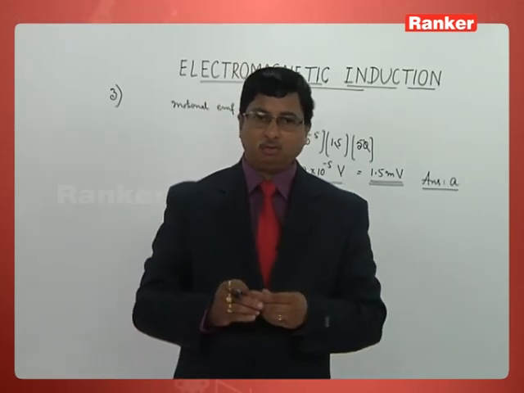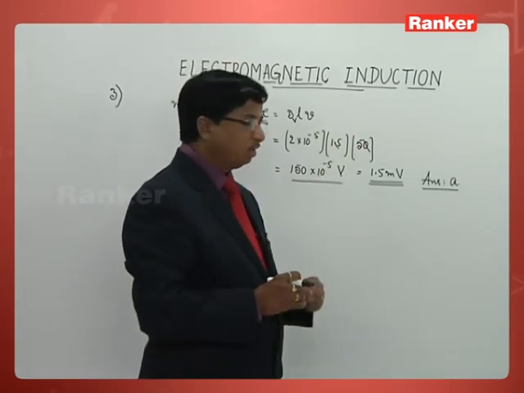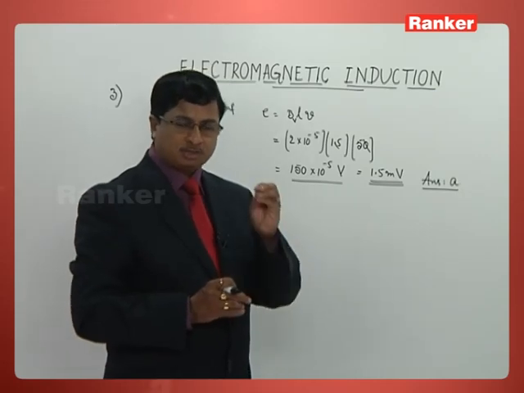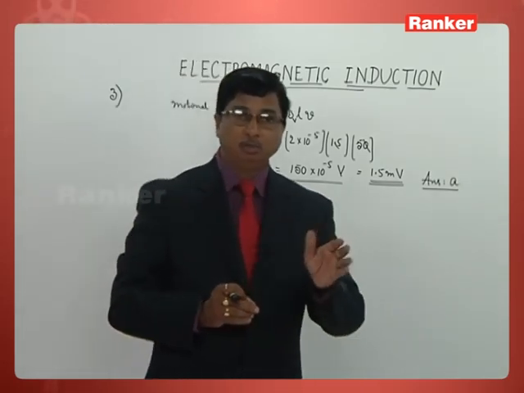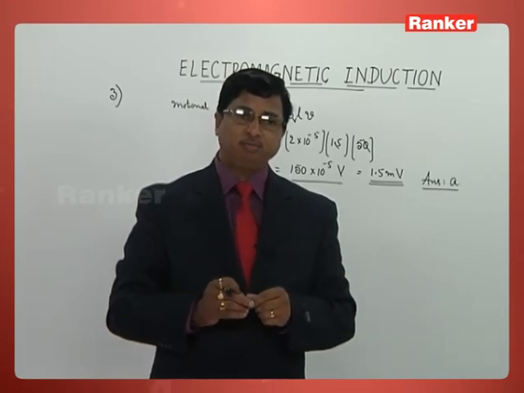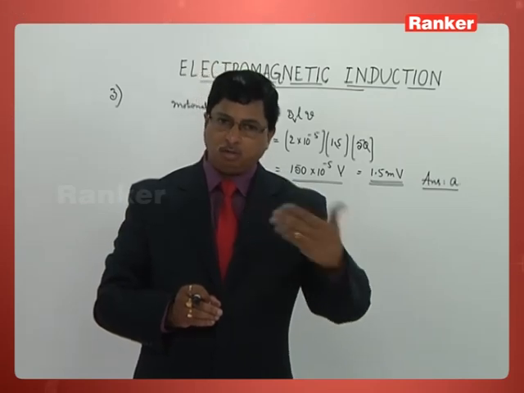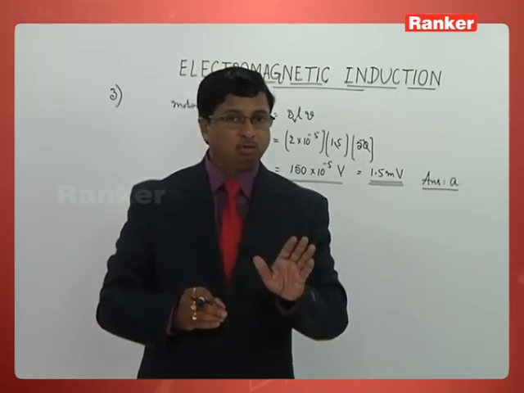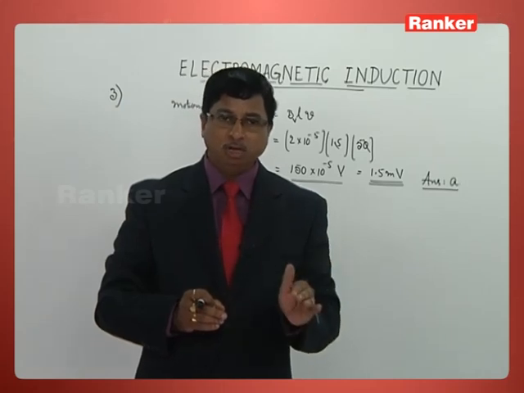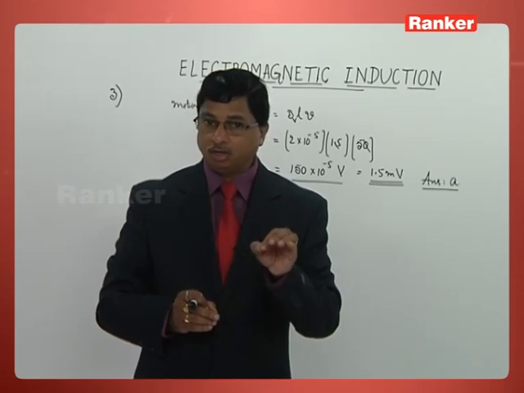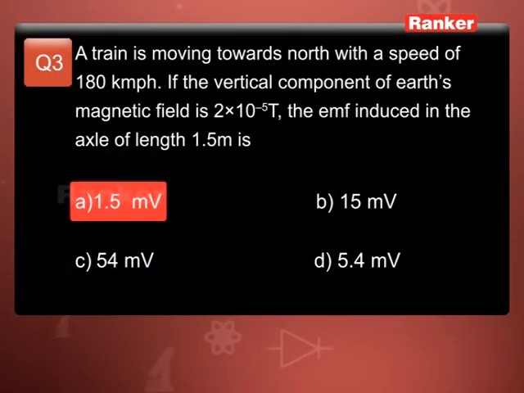As I have already told you, if the problem gives the horizontal component of Earth's magnetic field by any chance, there is absolutely no need to attempt the problem, you need not calculate anything. The moment a horizontal component is given, you can directly conclude that no induced EMF is possible, so the answer will be 0. Across the axle, that should be the condition. Remember that. So for this, the correct answer is A. This was problem number 3.